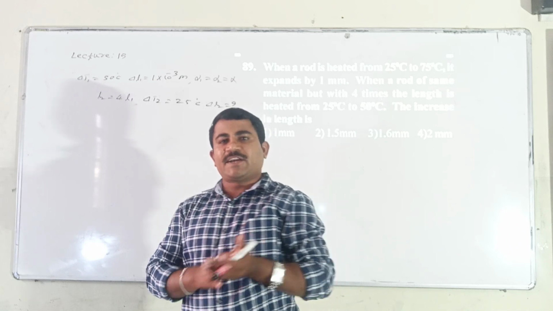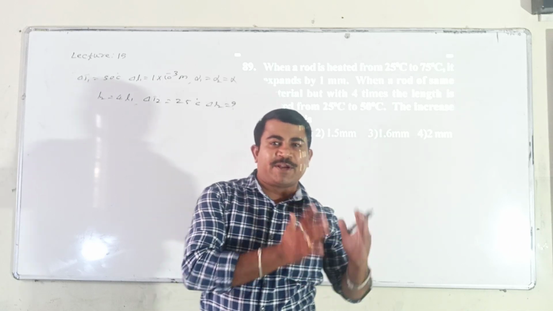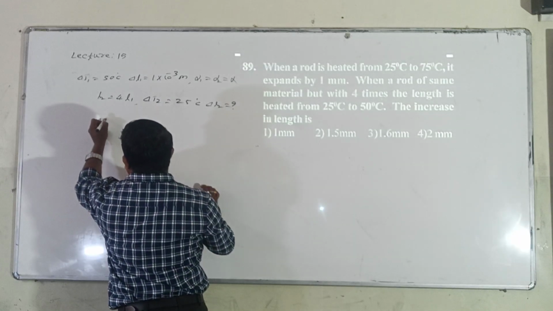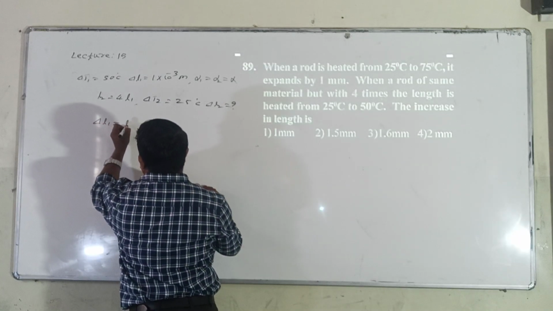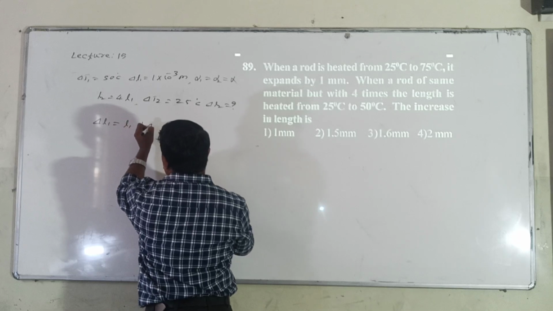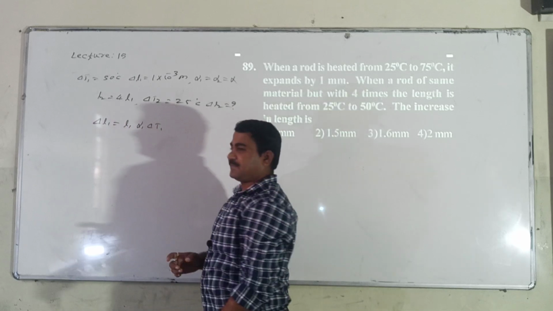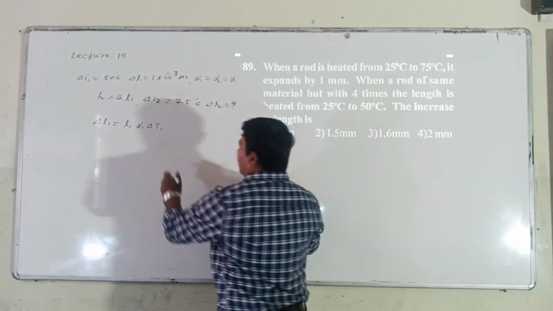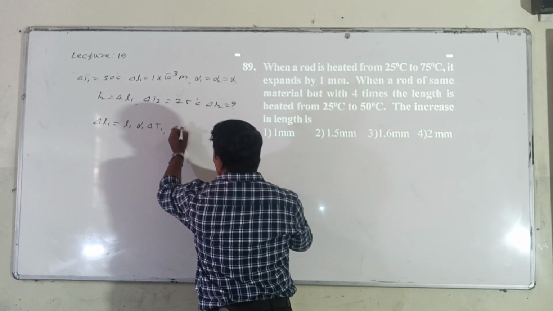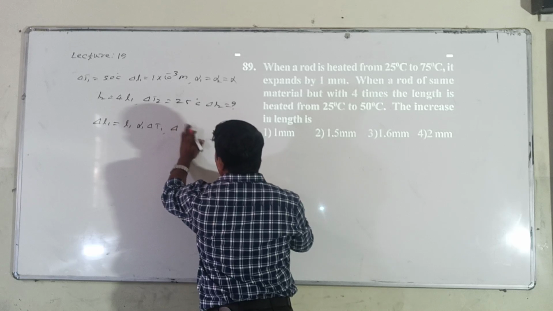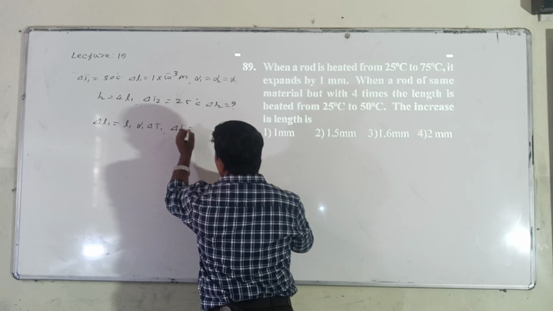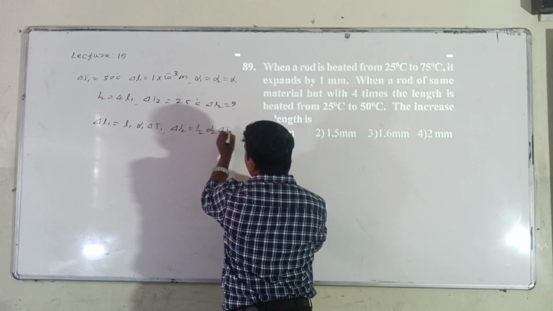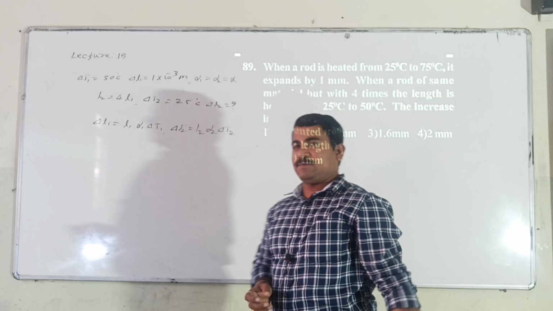Let us first calculate delta L1. Delta L1 is equal to L1 alpha 1 delta T1. Then for the second rod, delta L2 is equal to L2 alpha 2 delta T2.